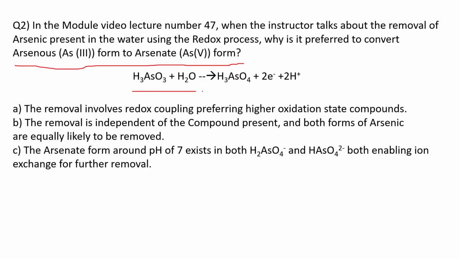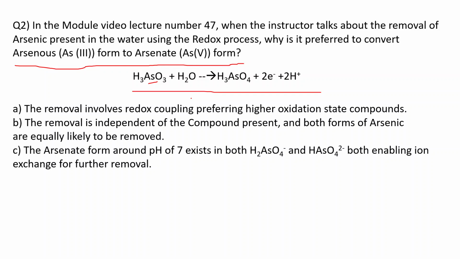This is the reaction. So why is it preferred that As should go from +3 state to +5 state? These are the options. You can pause the video, think properly, and let me know the answer.